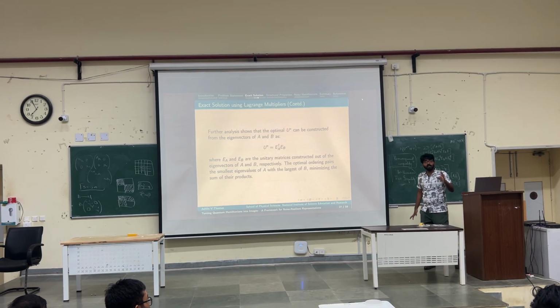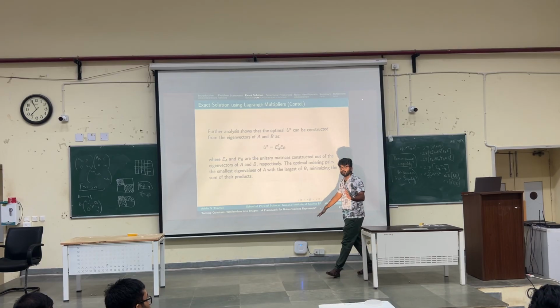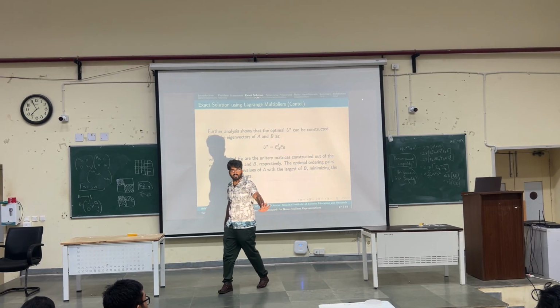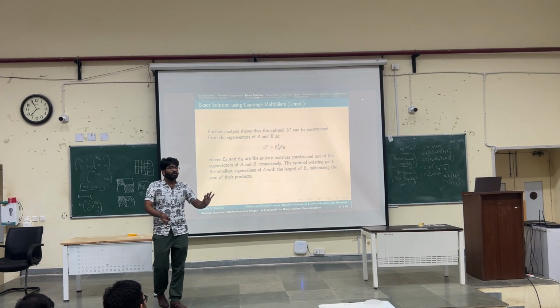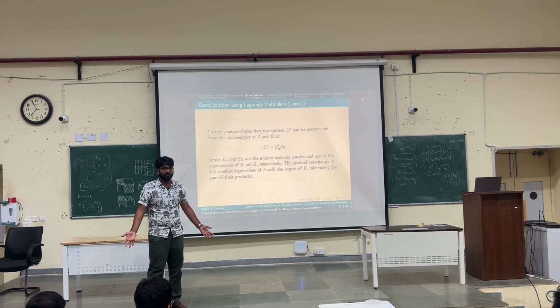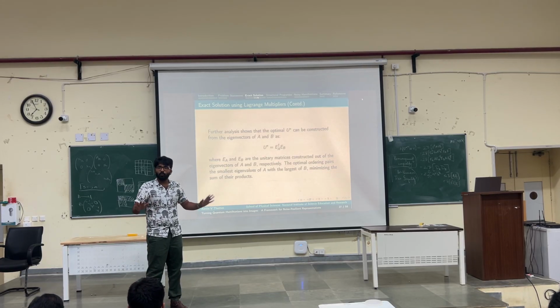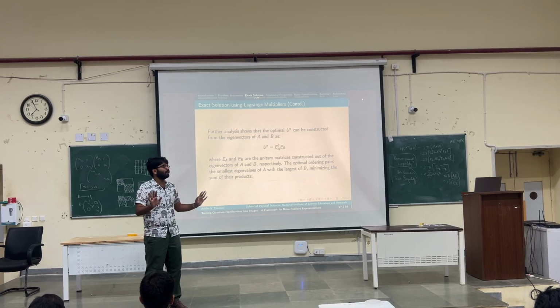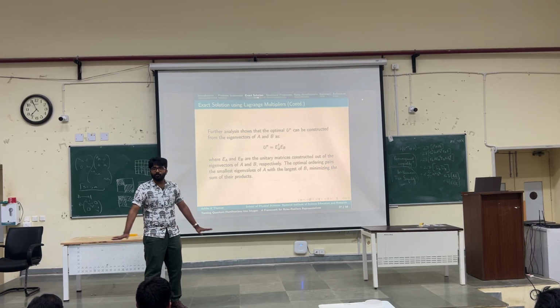U star need not be the unique unitary transformation that minimizes roughness, I'm not claiming that. But whatever U star gives you, that's the best you can do. You can't do anything better. The math guarantees you that. So this is the smoothest image of the Hamiltonian.